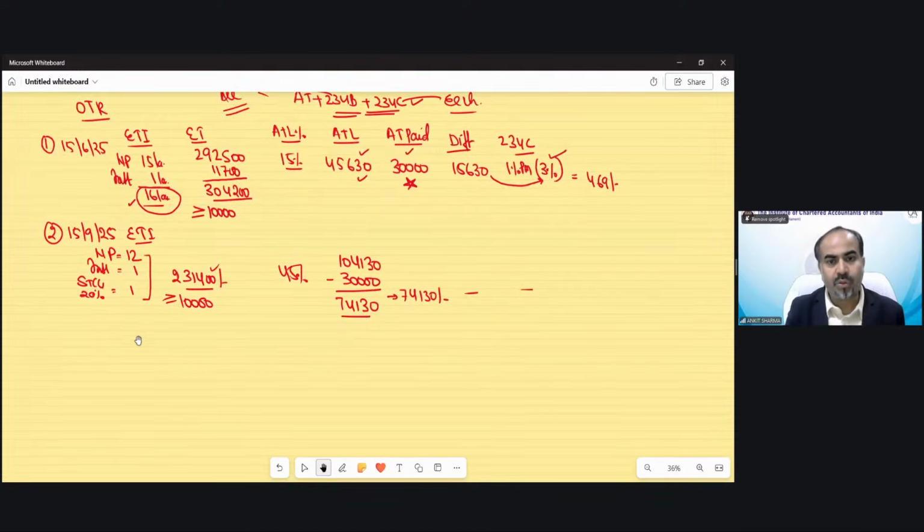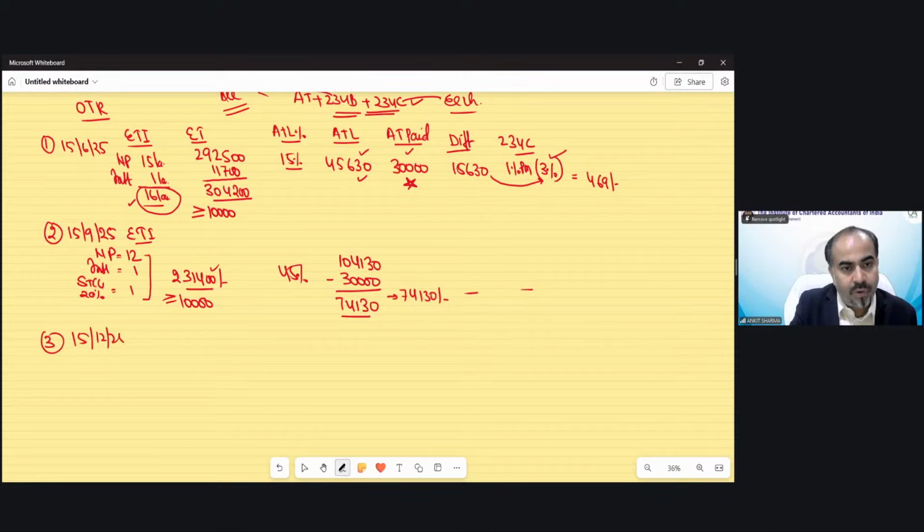Now moving on to third. On 15th December 25, suppose the net profit has increased to 20 lakh as per our estimation. Interest remains the same and short-term capital gain remains the same.